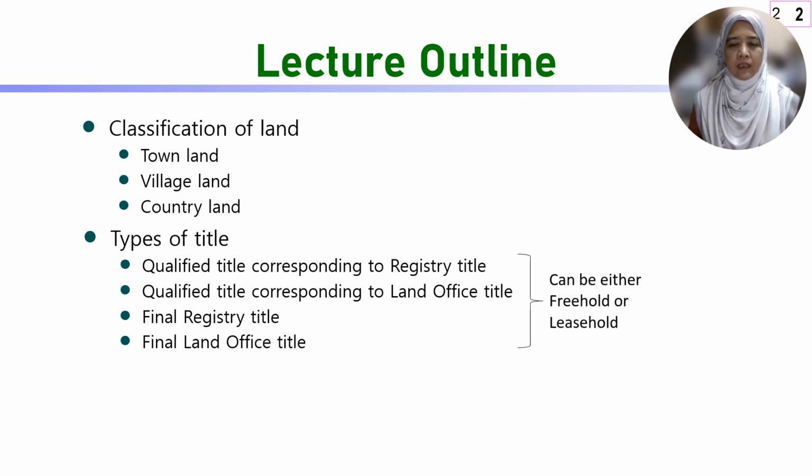And then these titles can be either freehold or leasehold. And from that, we want to learn about the treatment, or what happens when the leasehold runs out. The leasehold expires. So that's the third part of this lecture.